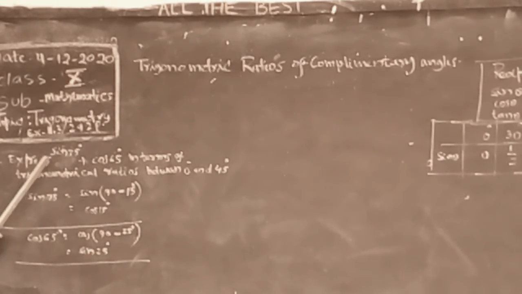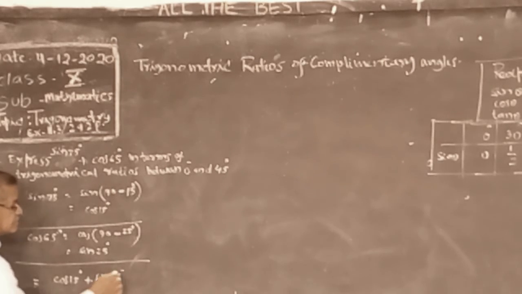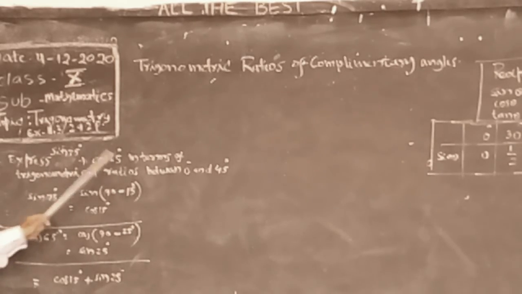So sin 75 plus cos 65 can be written as cos 15 plus sin 25. We are changing the form, but the values are the same.